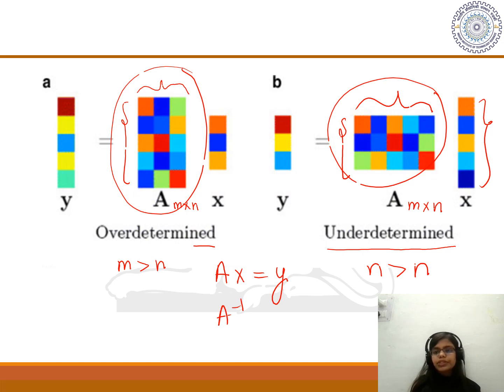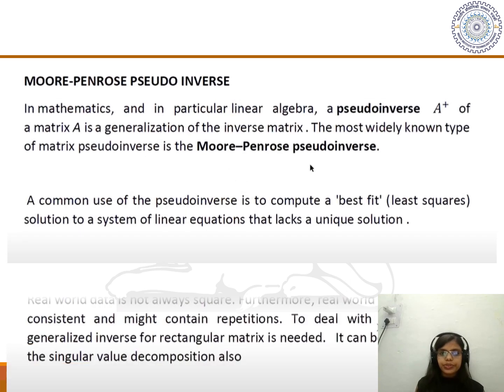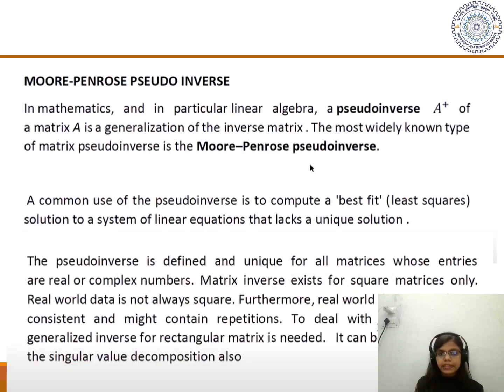So here comes into the picture the pseudo-inverse, or Moore-Penrose pseudo-inverse. So what is it? Basically, a pseudo-inverse of a matrix A is a generalization of the inverse matrix, right? It is represented by A with a plus-like symbol at the top.